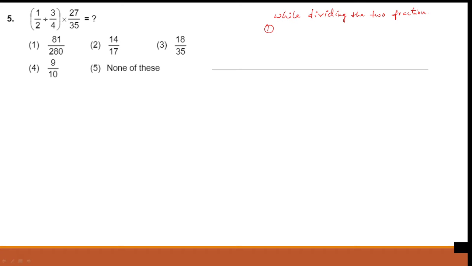The first step we need to remember is division becomes multiplication, and the denominator fraction will be reciprocal. We need to take the denominator fraction as reciprocal.